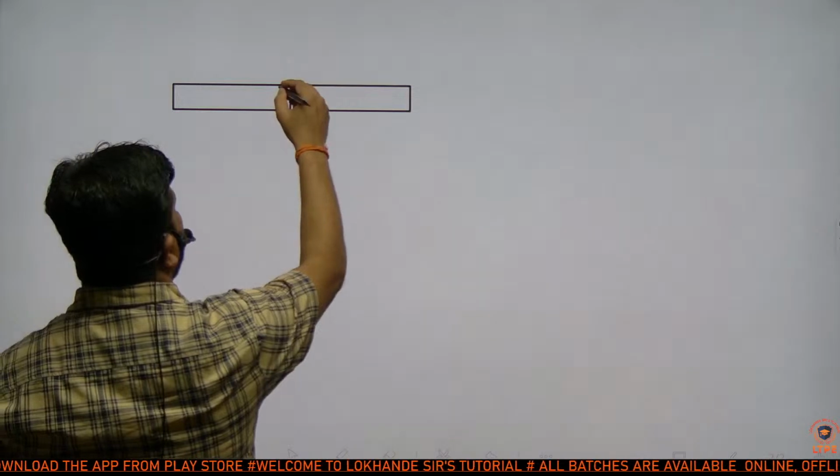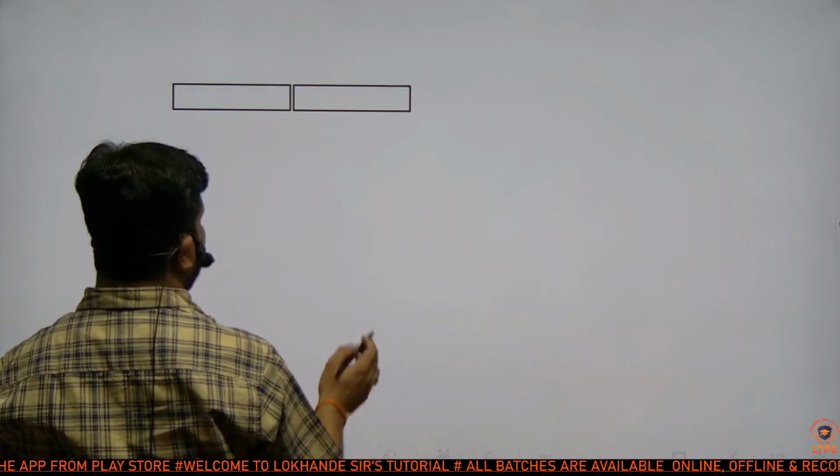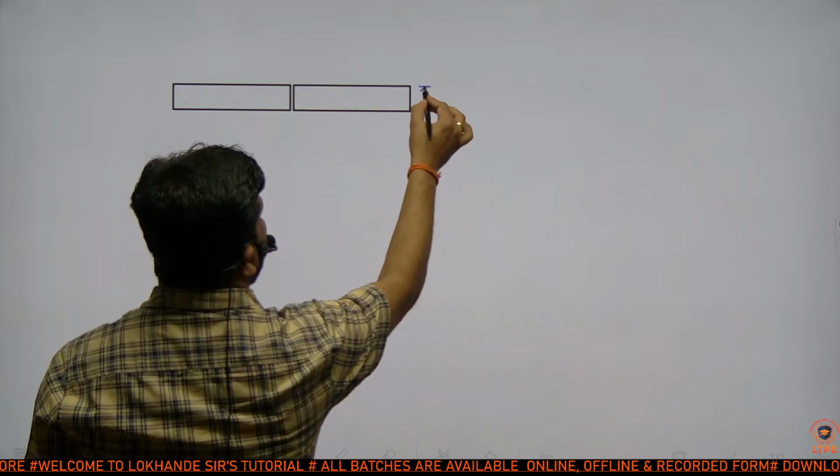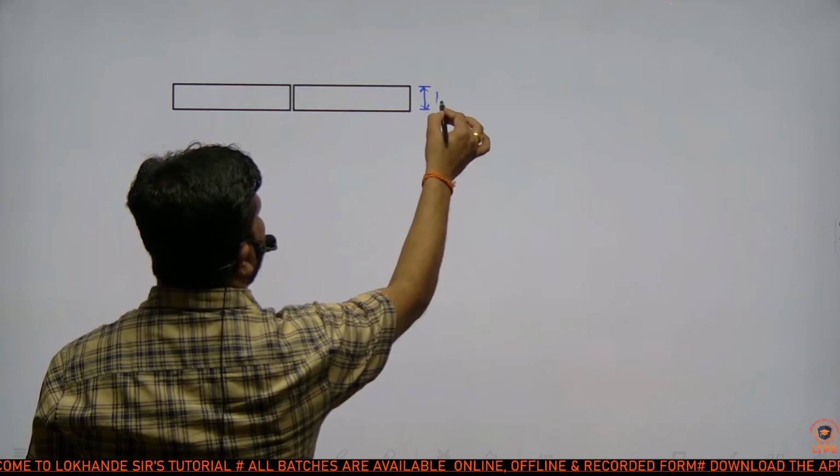For example, beta, assume the thickness of plate as T here.